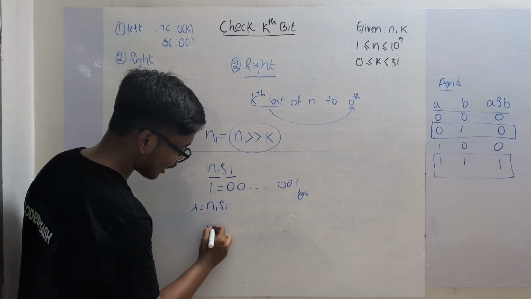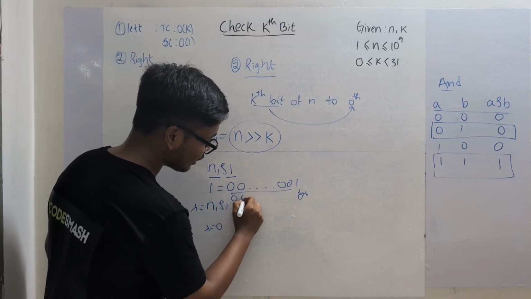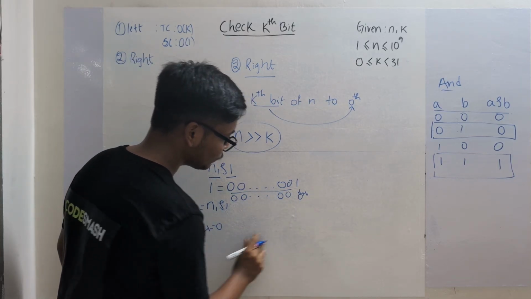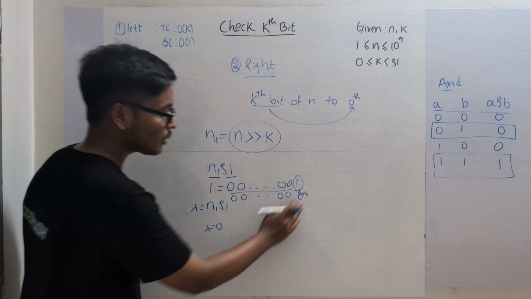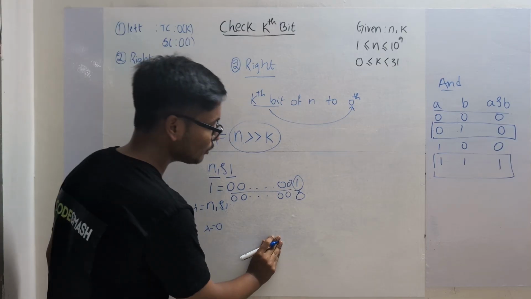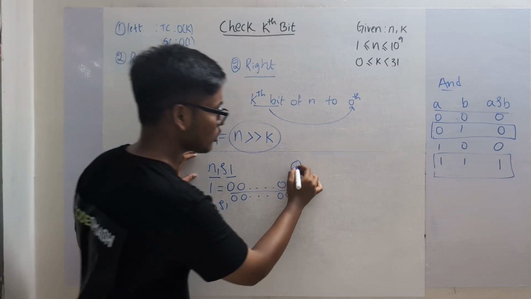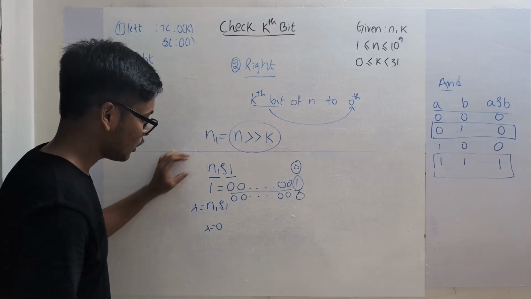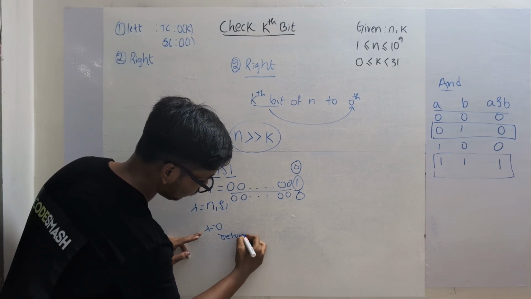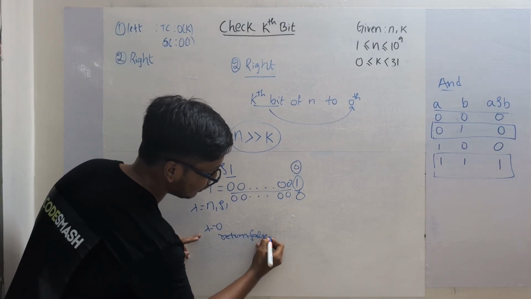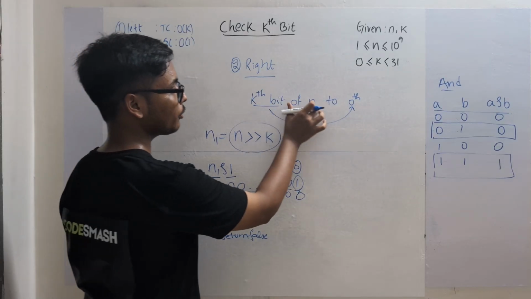If lambda equals 0, as all these other bits are zeros in the final value, this bit will decide the final answer. If you get 0 here, then the value at the 0th index of n1 is also 0. So if lambda is 0, then we have to return false. It means the 0th bit of n1 is not set. That means the kth bit of n is not set.